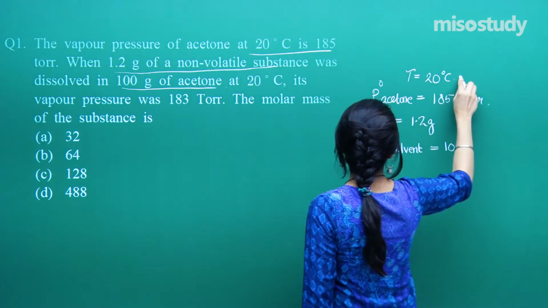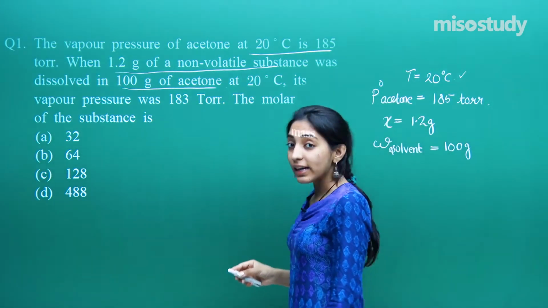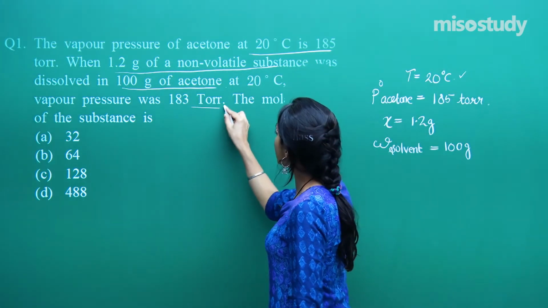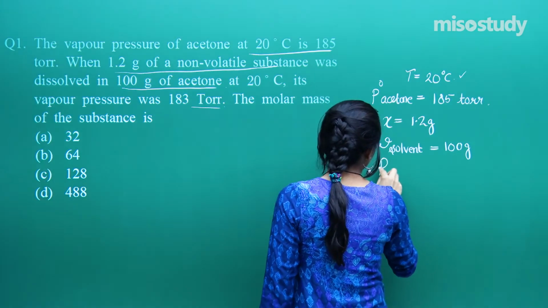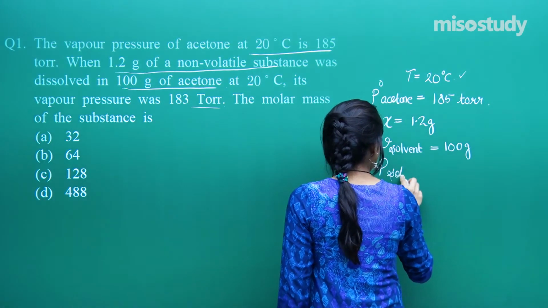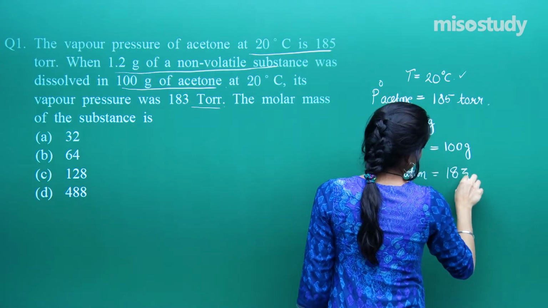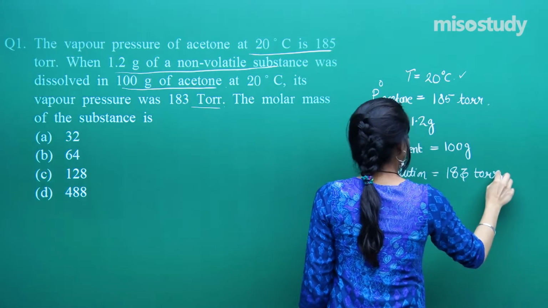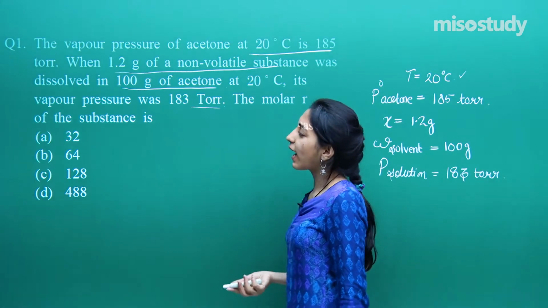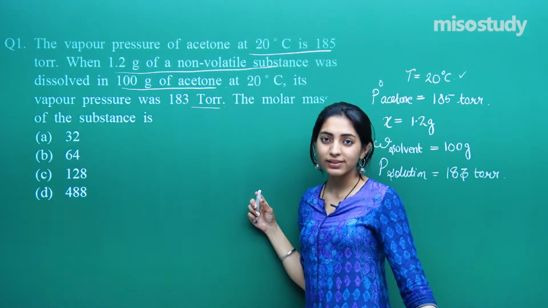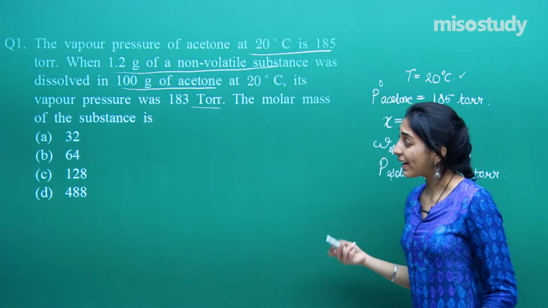Again, the temperature is 20 degrees C. Its vapor pressure was found to be 183 torr. So the pressure of the solution was 183 torr. You need to calculate the molar mass of the substance. The question is really good and easy also.